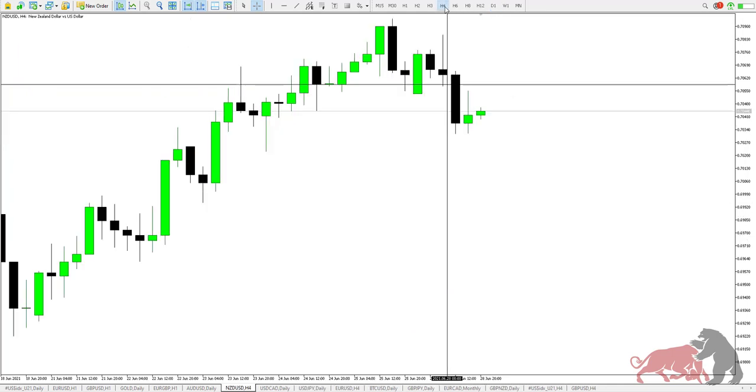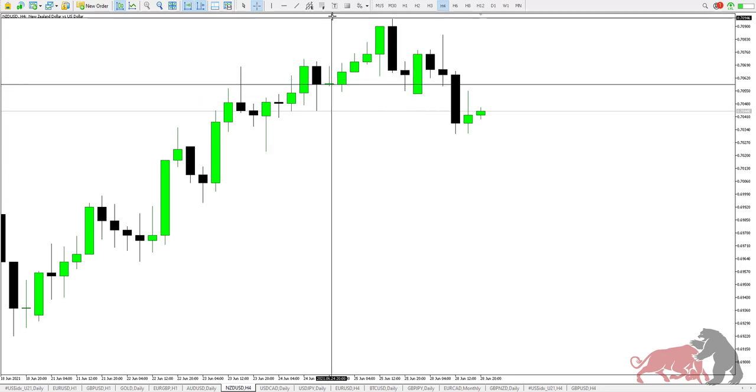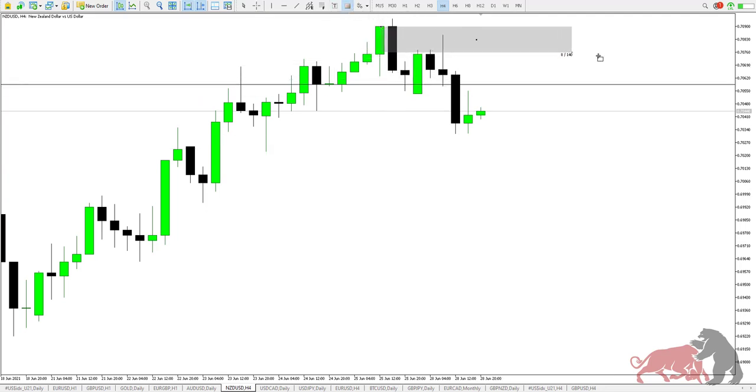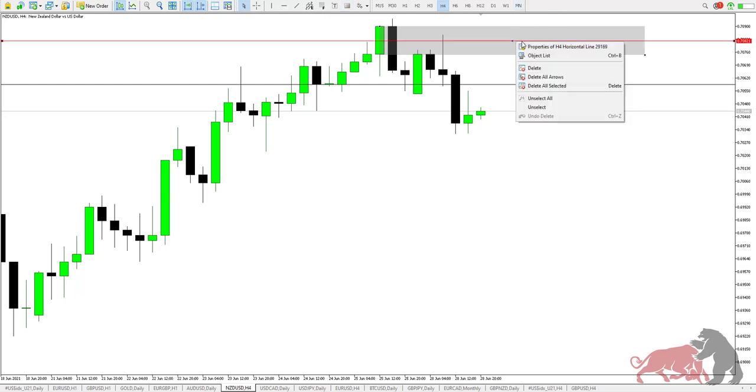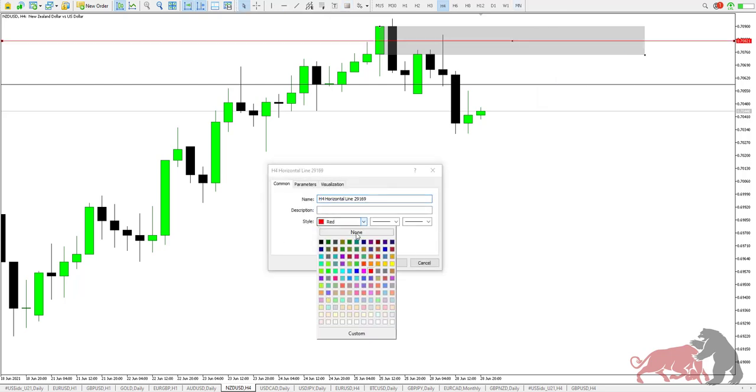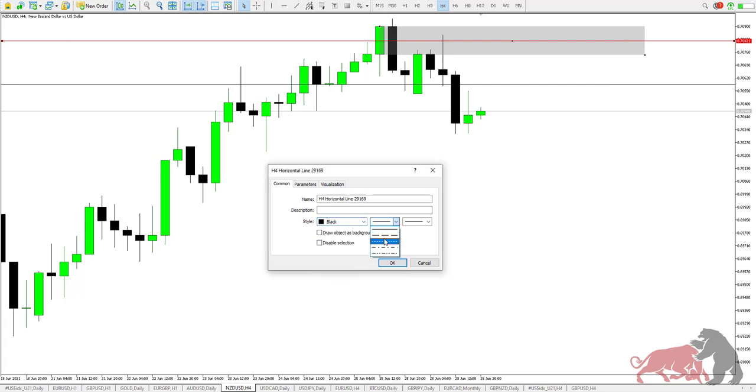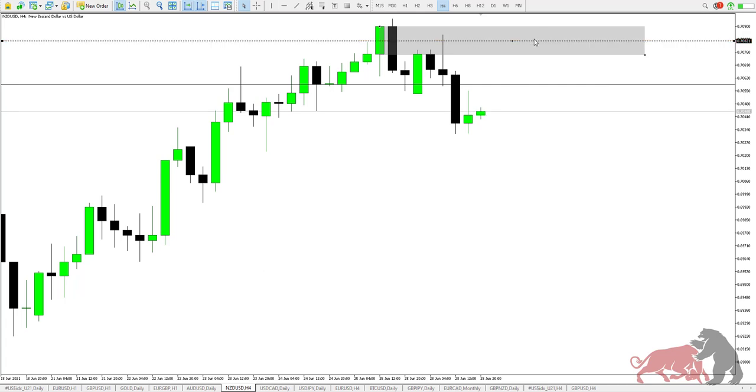So ideally you need to be hunting for short trades on this pair, from the price point where we've got an H4 bearish order block here, which is going to provide resistance when price comes back. This area is going to provide resistance, that's around 0.7800.